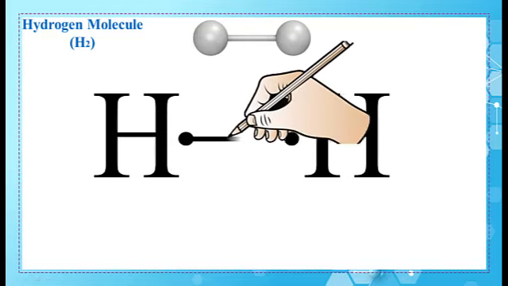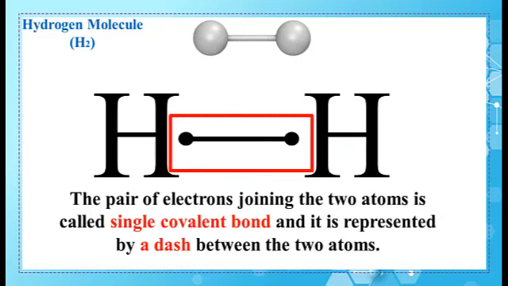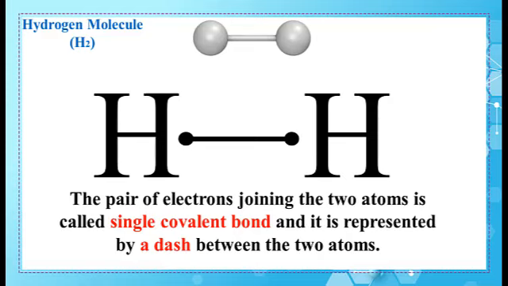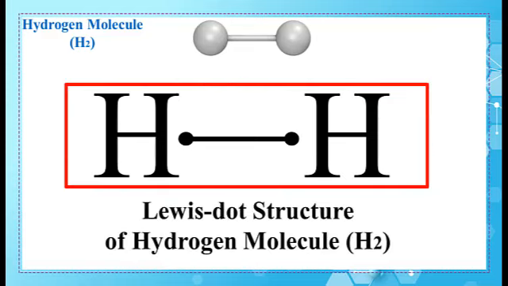Then, we join these 2 lone electrons. The pair of electrons joining the 2 atoms is called single covalent bond, and it is represented by a dash between the 2 atoms. And the structure formed is called the Lewis dot structure of the hydrogen molecule H2.